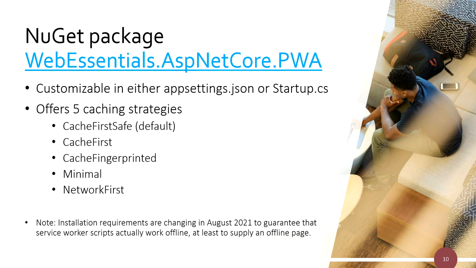By the way, just the other day I used this NuGet package, as I often have in the past, and I ran into an issue, getting comments warning that there are changes on the horizon, right? By August of this year, the installable property of progressive web apps is changing. They are clamping down.